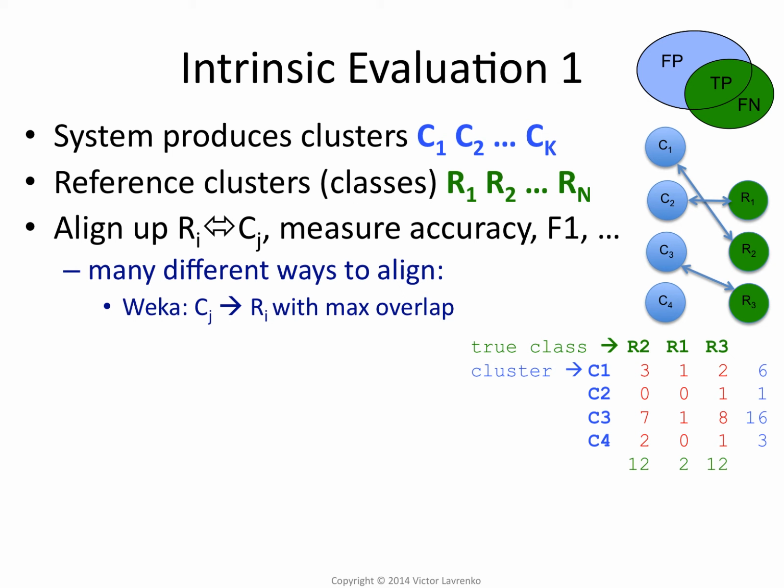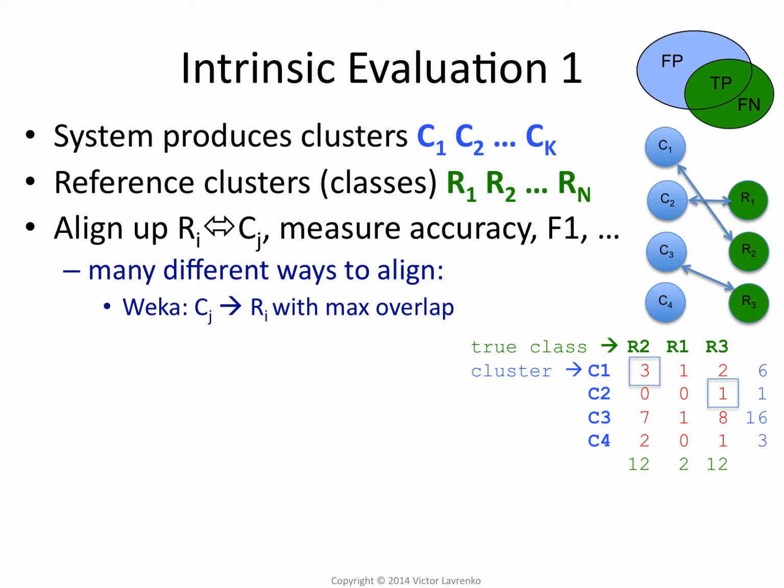Right? So it goes over each cluster and picks the class which has the highest overlap with that cluster. So in this case, C1 has the highest overlap with class 2, so it would align C1 to class 2.